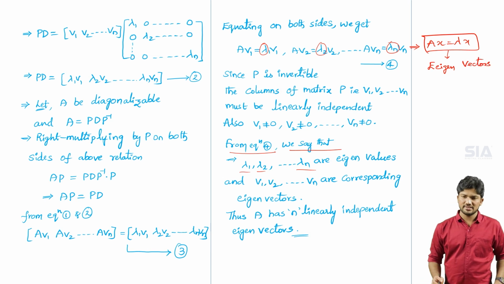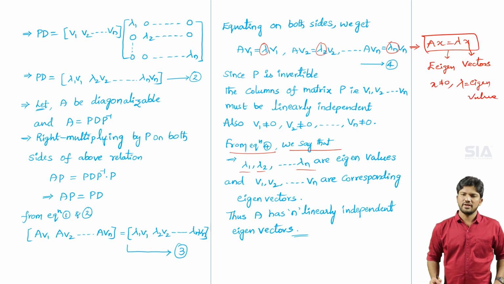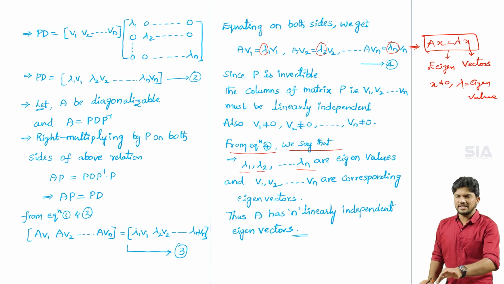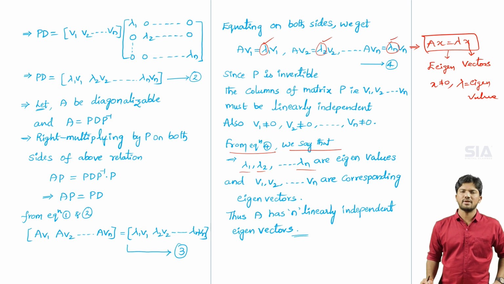Here small x is an eigenvector where x not equal to 0. Whenever you say eigenvector, then automatically lambda will become an eigenvalue. So in place of lambda, here we have lambda 1, lambda 2, up to lambda suffix n.